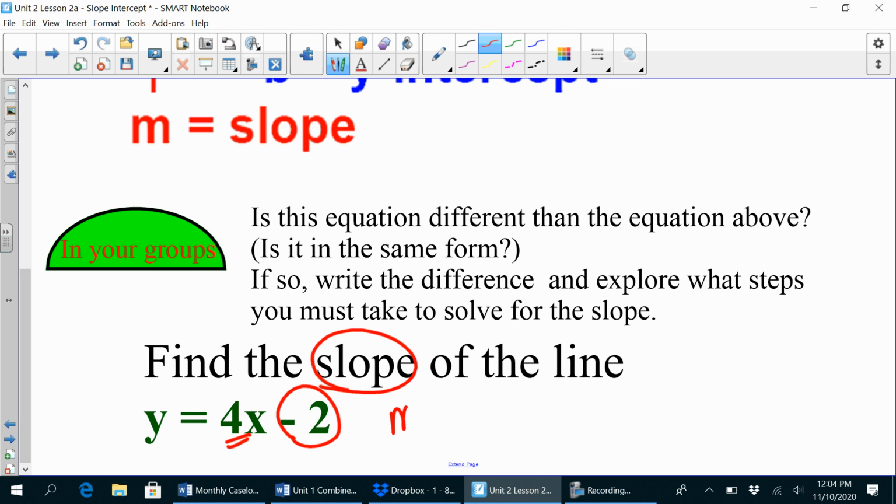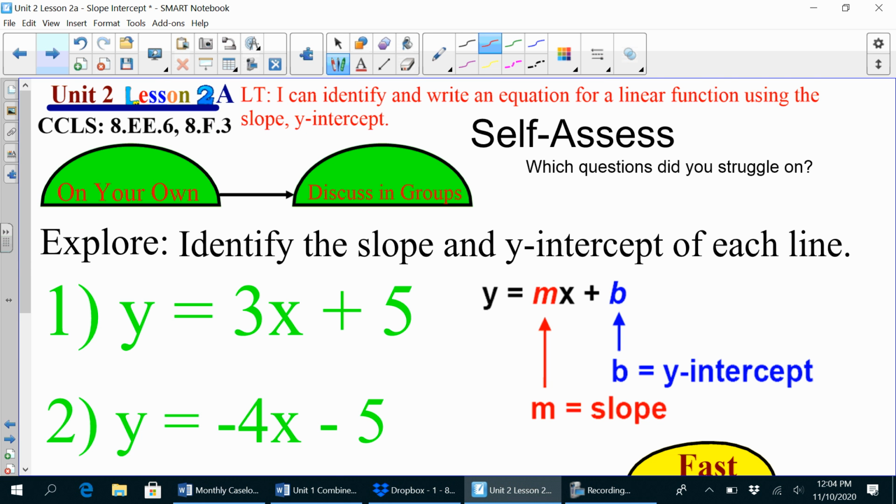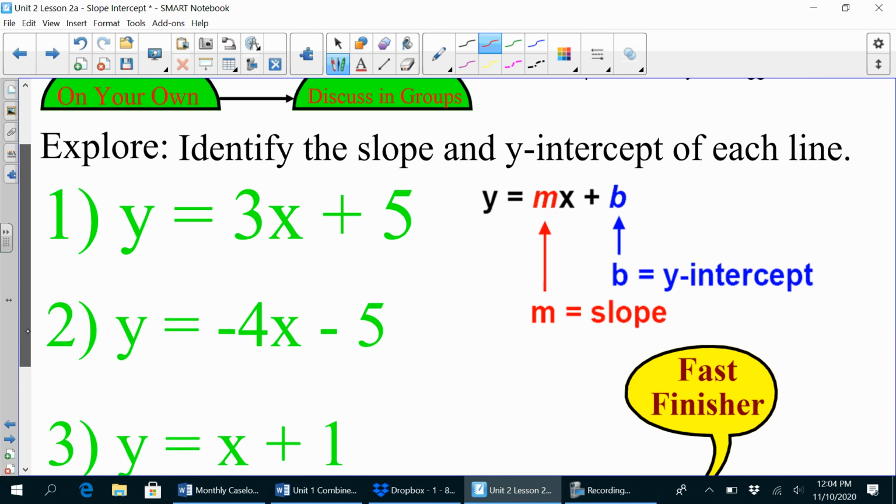So m, or our slope, is 4, and b, or our y-intercept, is -2. Okay, and that was all you had to do for that part right there. We just wanted to make sure that you were able to recognize the slope and the y-intercept. The number in front of the x is the slope, and the number that's alone is going to be your y-intercept. So now here are a few more examples that we can take a look at.